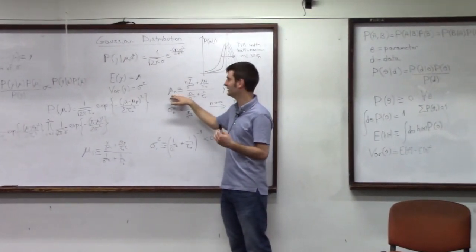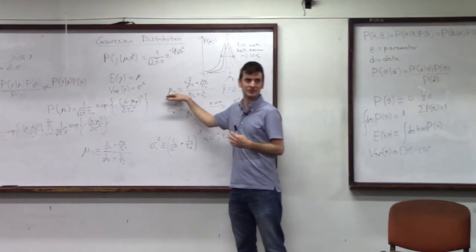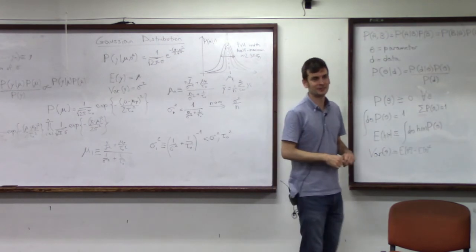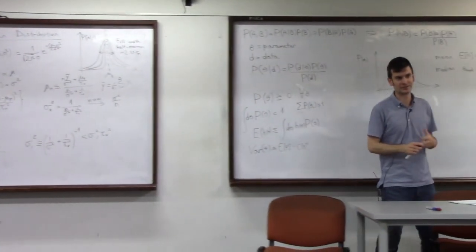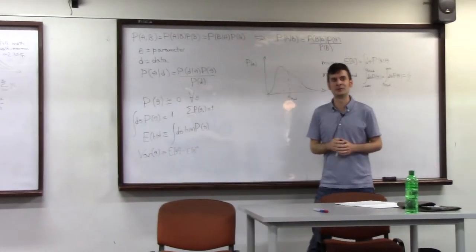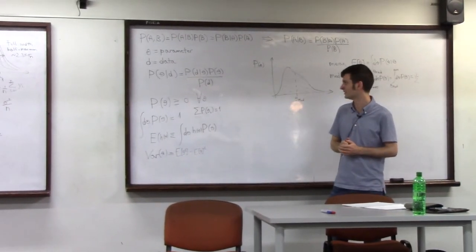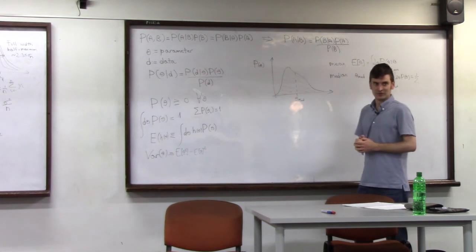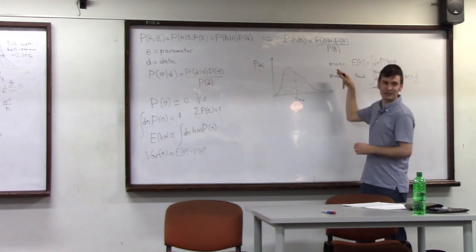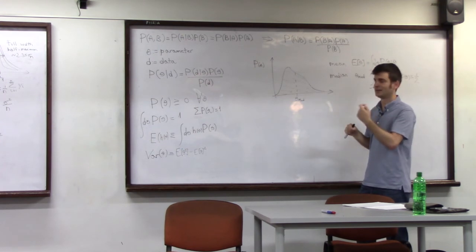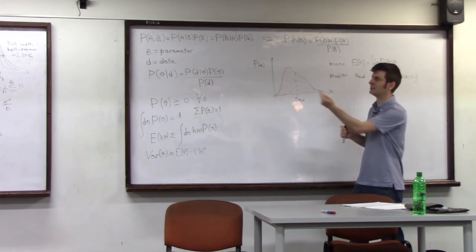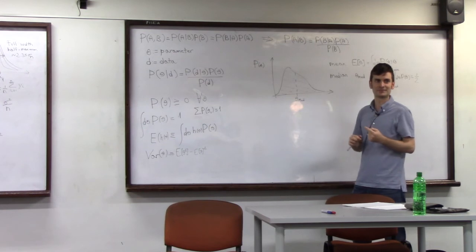So it could be either below or above this value. That's what we mean by, yeah, that's how we interpret probability distributions in Bayesian statistics. So the median could give you a good estimate if you want to summarize that distribution with one number.